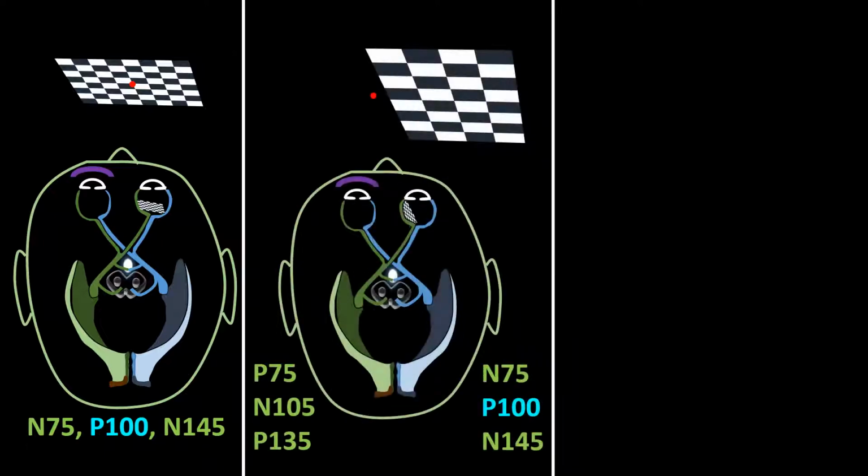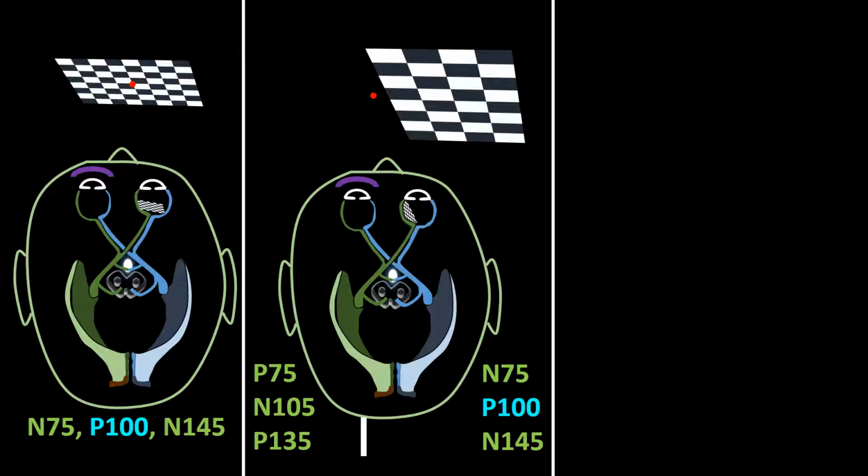These peaks occur in all occipital electrodes in most normal individuals. In this new frame, the right eye monocular stimulation is presented. The stimulation is being introduced in the left visual field.